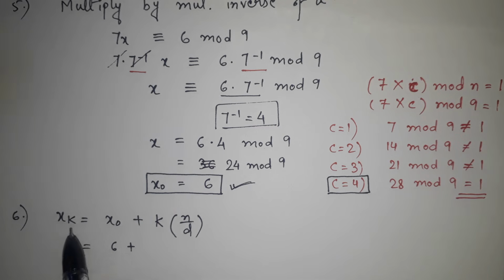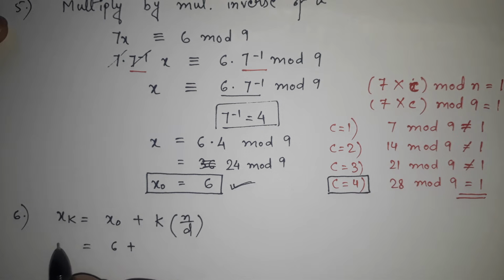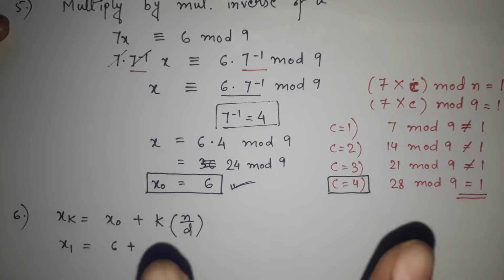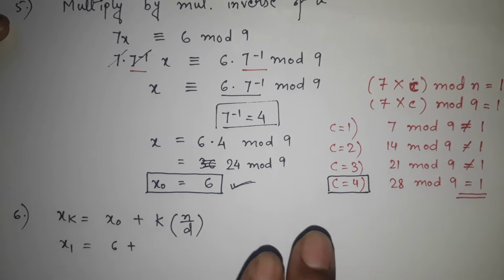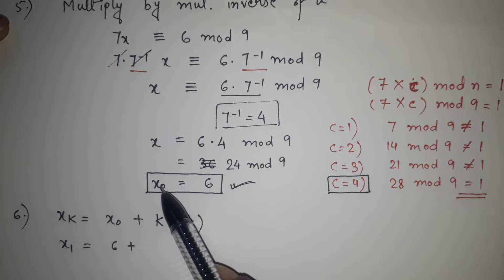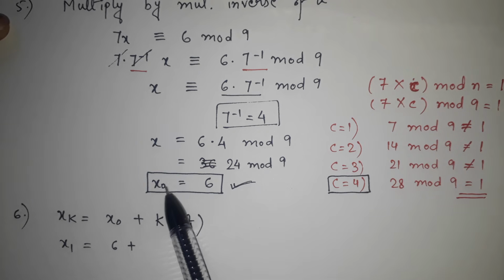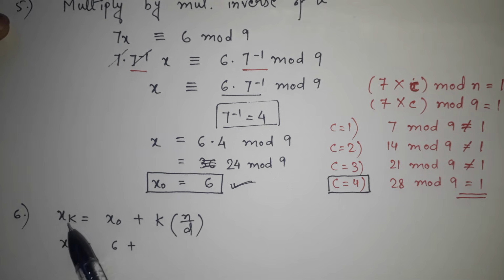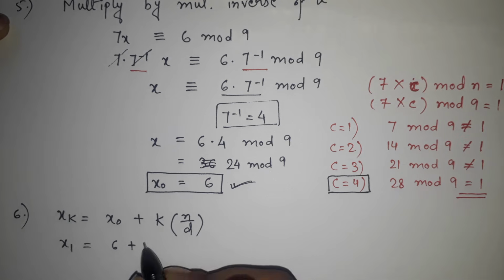Now one x0 we got, the second one will be x1. We know that we have 2 solutions possible in this question. In case we had 3 solutions, we would get x0, x1, x2. But in this case only 2 solutions are possible, so we will get x0 and x1. So this k will be equal to 1.